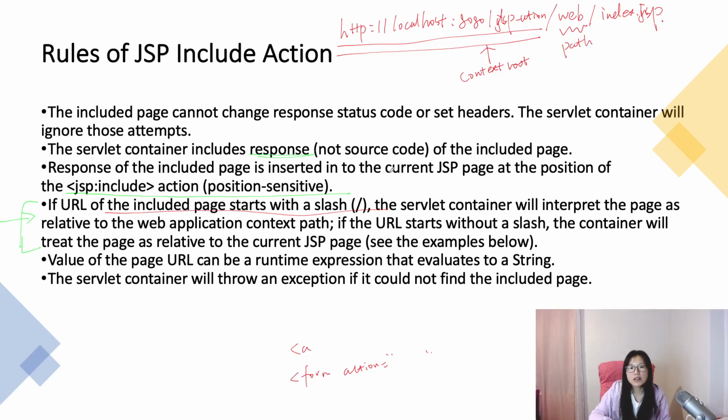So if you have a slash, when the web container tries to find the page you are trying to include, it will start from the context root, not start with this web folder. But if it doesn't start with a slash, the container will use a path relative to the current page, which is relative to index.jsp, not relative to the JSP action folder.